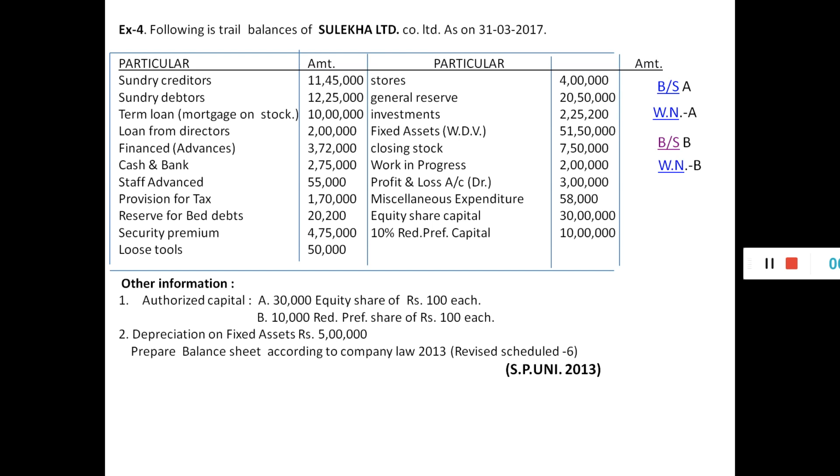Closing stocks and work in progress will be shown under the note of 17, inventories. Profit and loss account debit balance means it is the previous year loss. So it will be shown under the note of 2, reserve and surplus. This amount will be deducted.